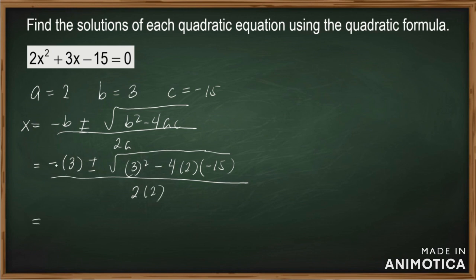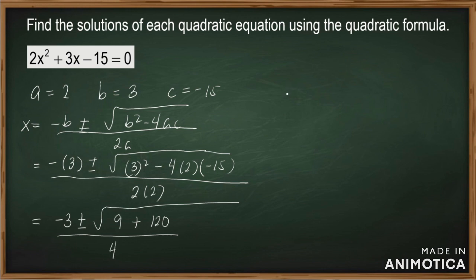Then we have now negative times positive 3 is negative 3, plus minus the square root of 3 squared is equal to 9. Negative times negative is positive. 4 times 2 is 8. 8 times 15 is equal to 120. Divided by 2 times 2 is equal to 4.